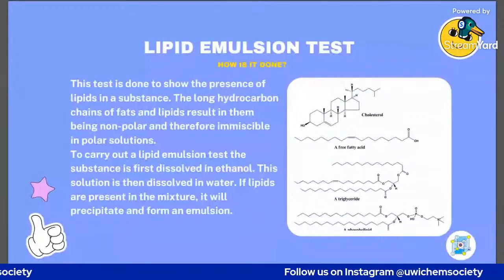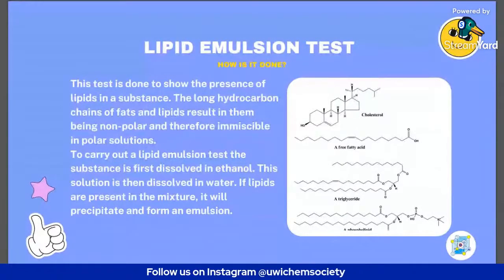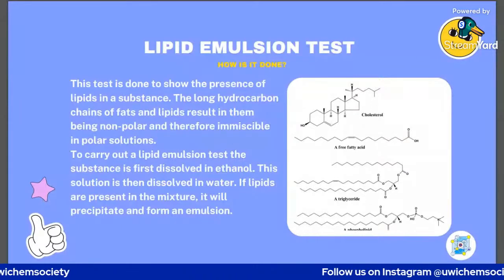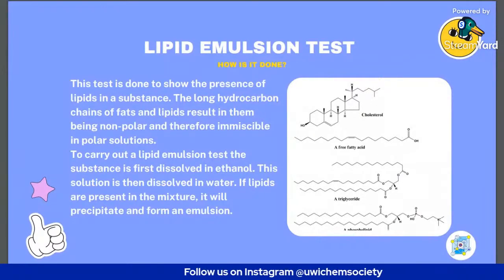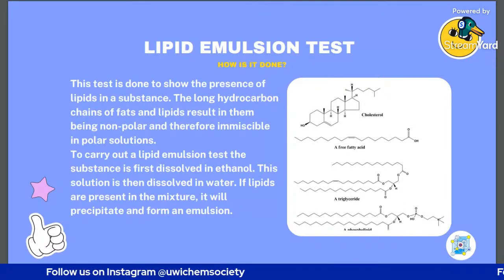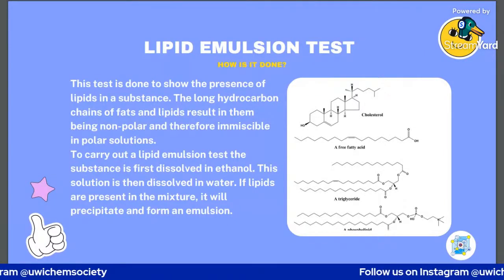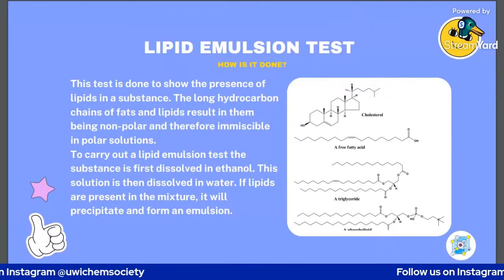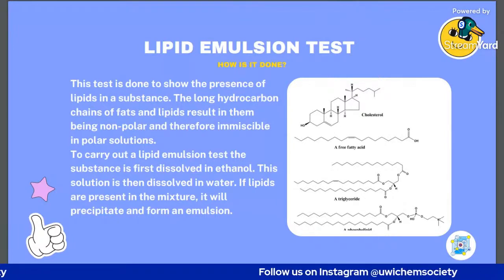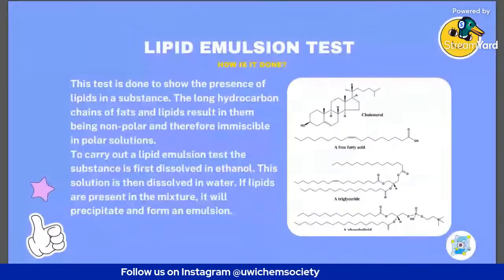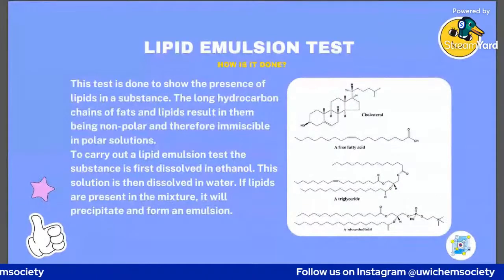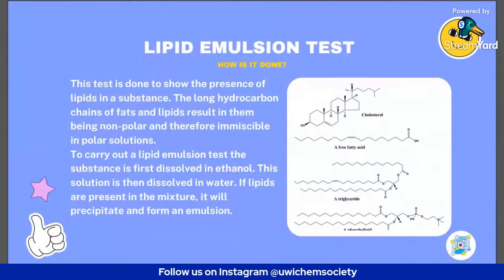So if you add some oil or butter, that is a fat or oil or lipid, you're going to find that it does not mix into the water, which we know is a polar substance.